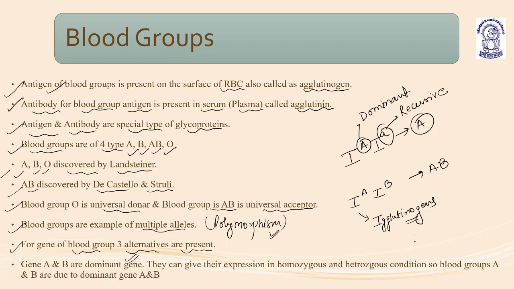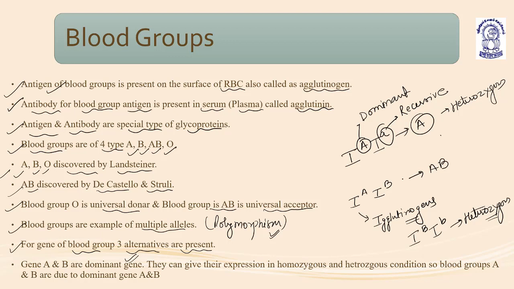Then IA i is heterozygous, and IB i is also heterozygous. Homozygous is written like this; I'll tell you in the next slide.